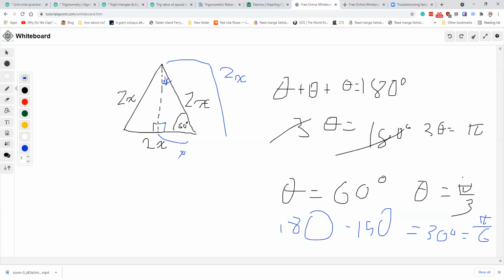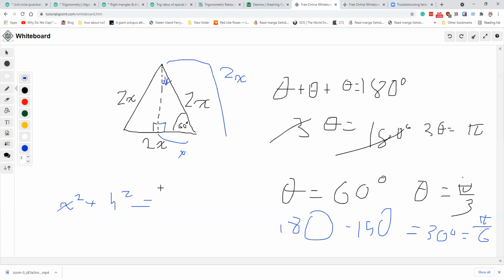Now, what we can see is that the length of this side is x, and the length of this side is 2x. Well, what's the length of this side, the height? Let's use the Pythagorean theorem. We have x squared plus h squared is equal to, what is 2x squared?